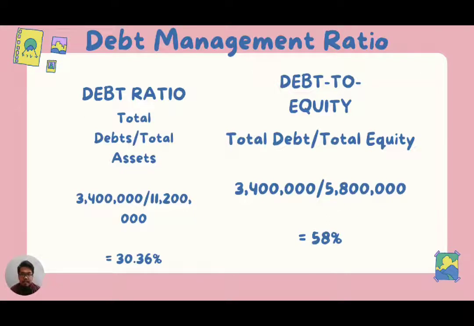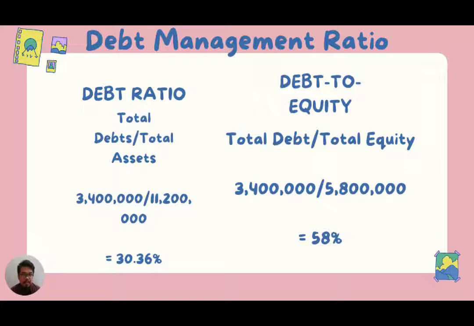Now I'm going to talk about debt management ratio, which has three ratios. The first is debt ratio, the second is debt to equity, and lastly, times interest earned. I want to talk about the first two, which are debt ratio and debt to equity. Debt ratio we take from total debt divided by total assets.